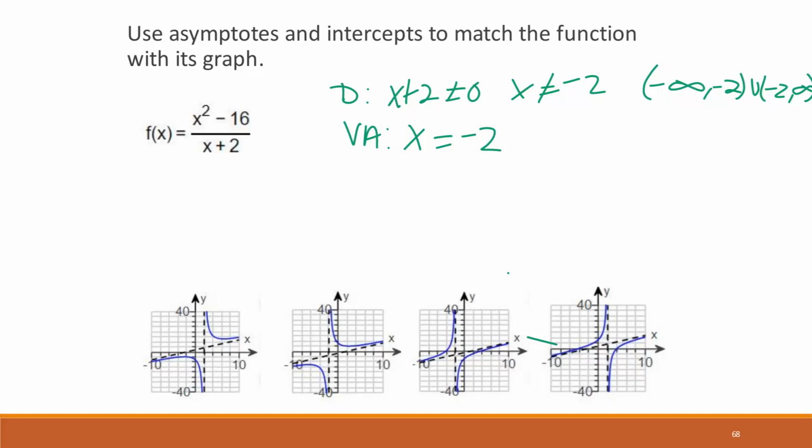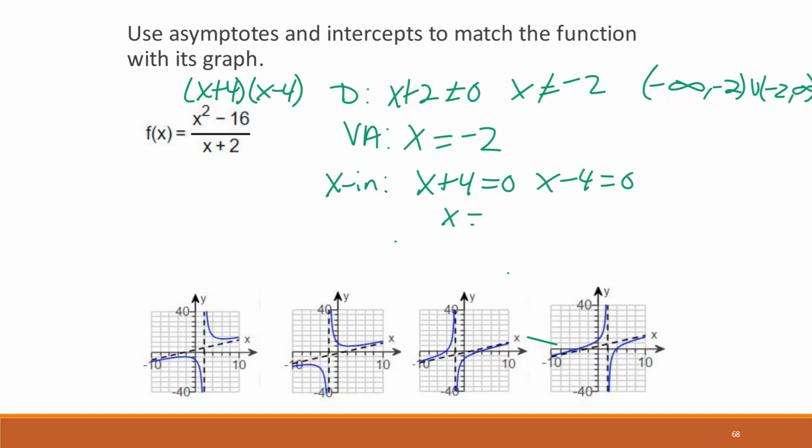Then we have x plus 4 times x minus 4 for our numerator. So for the x-intercepts, we have x plus 4 equal to 0, x minus 4 equal to 0. So we have x-intercepts at negative 4 and positive 4. So we're going to have the points on our graph negative 4, 0 and 4, 0.